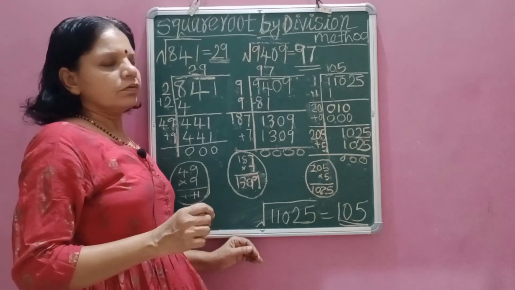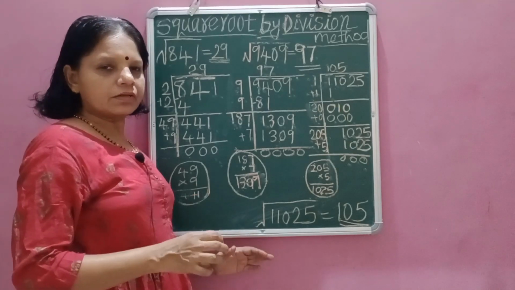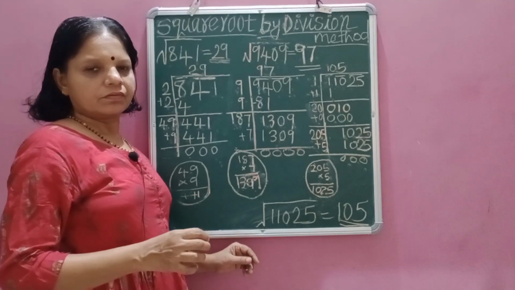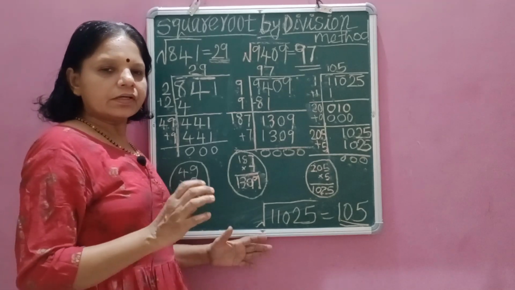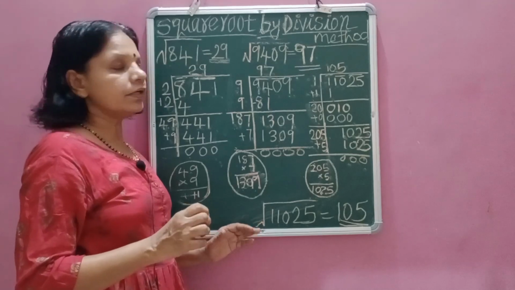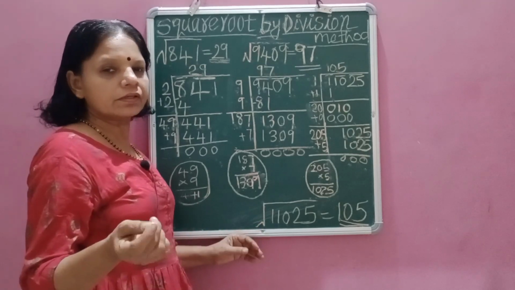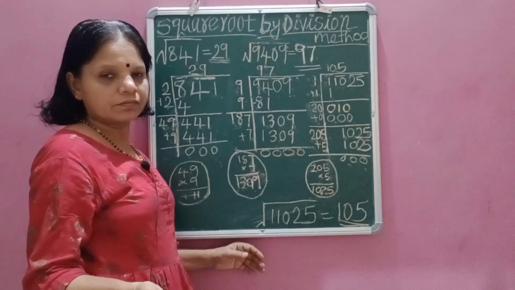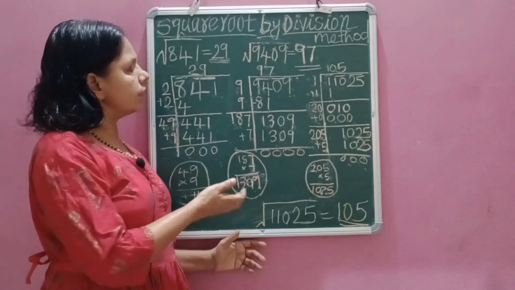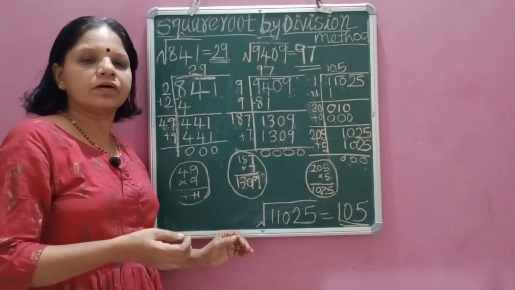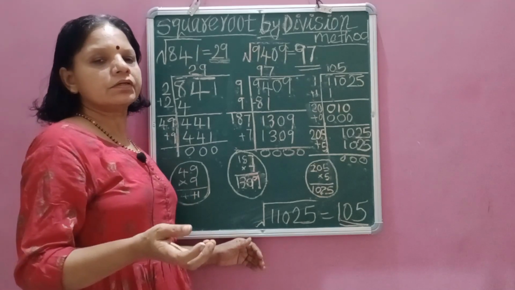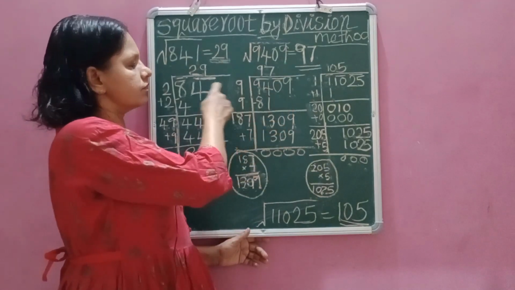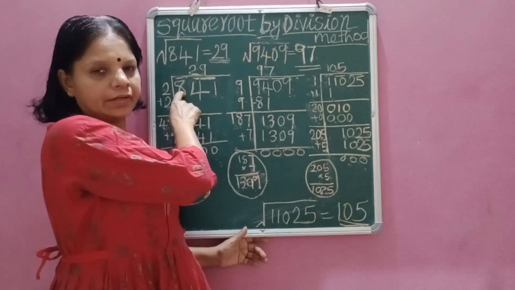So what are the differences here in the process of division? Here we have to find the divisor. In the division, the divisor is given, the dividend is given, you have to find the quotient only. Here we have to find the divisor such that divisor into quotient should not exceed the pair.